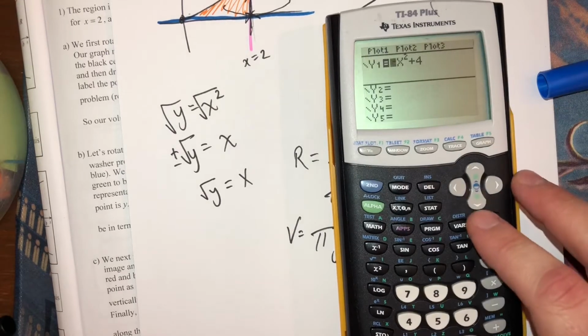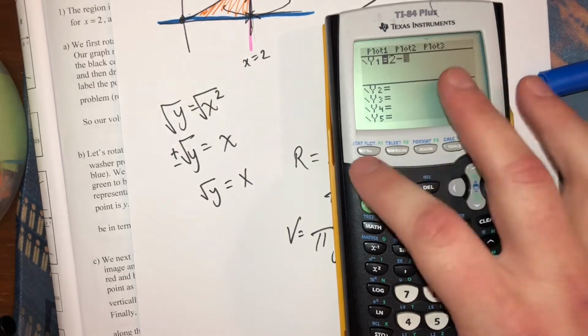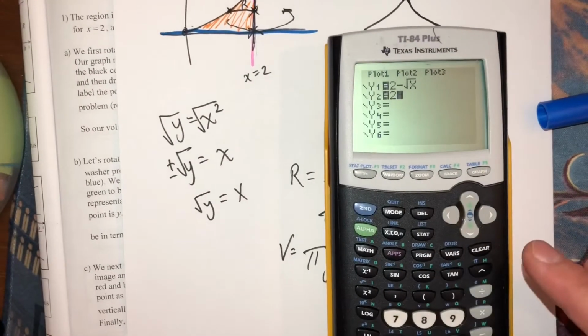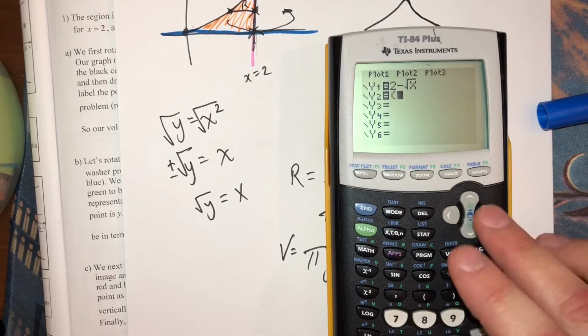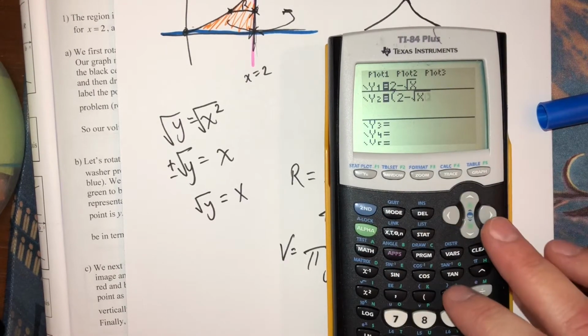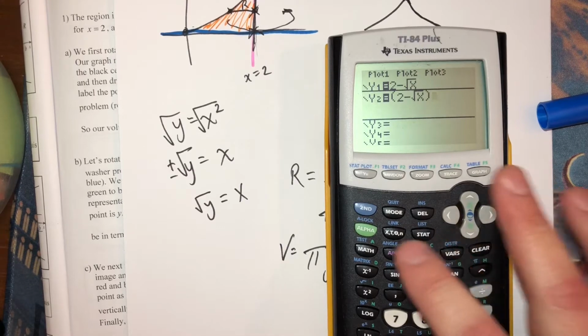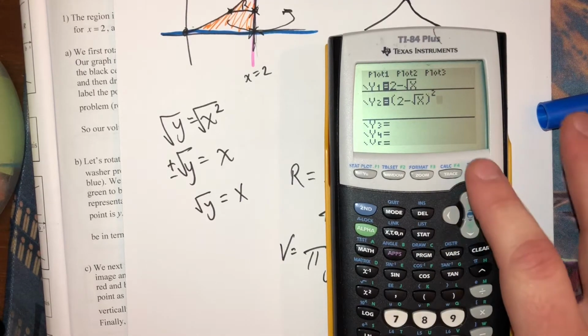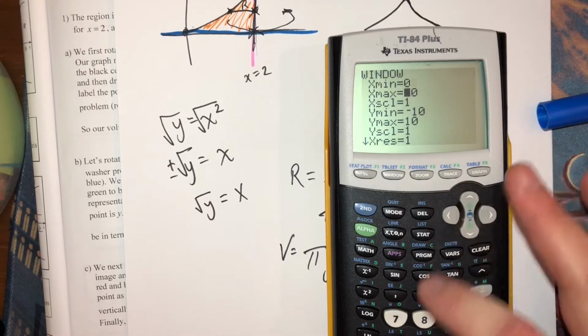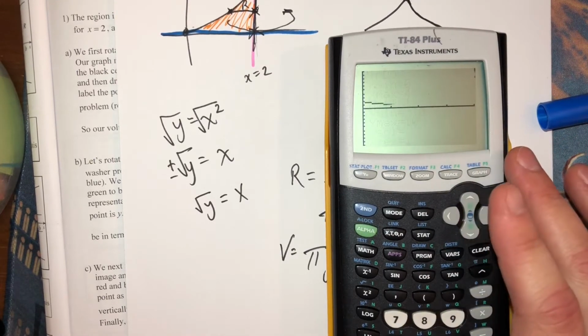Hold on, I gotta see this really quick. If you're not interested, just skip past where I graph. So this and this, from 0 to 4, they get the same answer? I find that hard to believe. So if I go from 0 to 4, these both are supposed to have the same area.